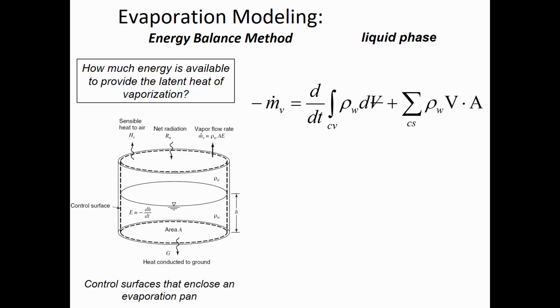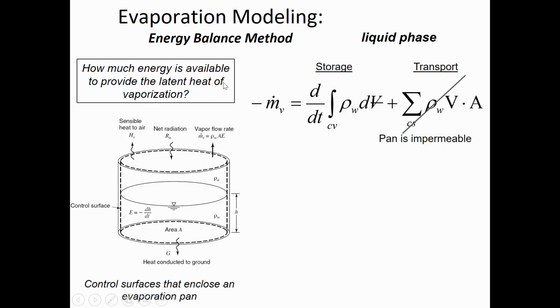So we're saying the height of water inside of the control volume is getting lower and lower over time, and so E is a rate. It's the rate that the water is evaporating, and assuming the pan is impenetrable, there's just a net decrease of water in the storage of the liquid phase.